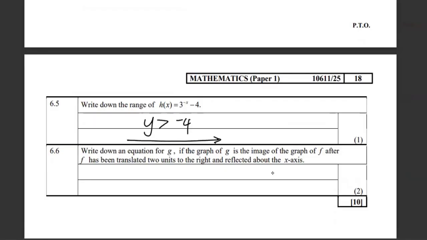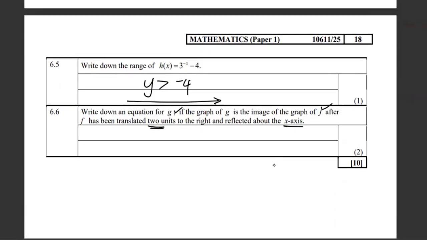All right, then write down an equation for g if g is the image of f after it has been translated 2 units to the right and reflected about the x-axis. So our f of x was just 3 to the x. Now I want to translate it 2 units to the right. It's going to become 3 to the x.